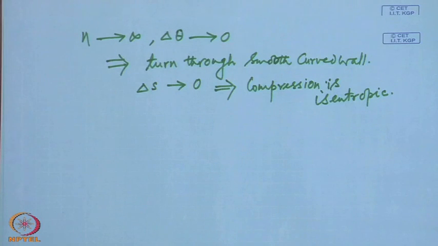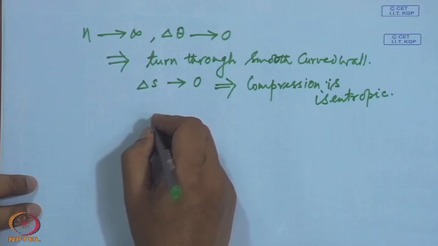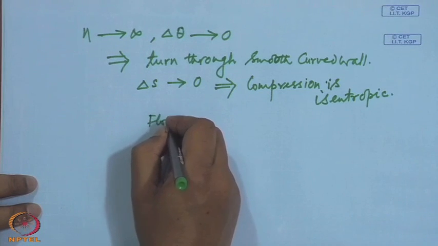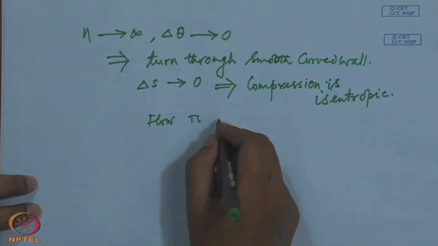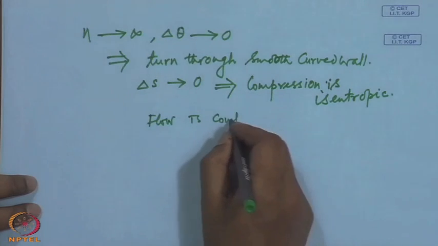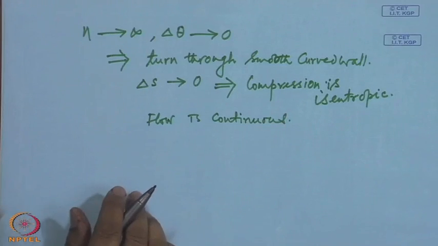Thus, when we approach this smooth flow, the velocities and flow inclination are continuous. That is, the velocities and flow inclination are continuous.